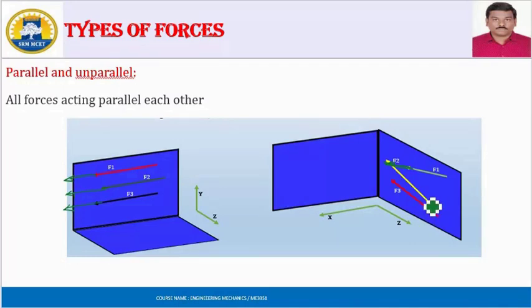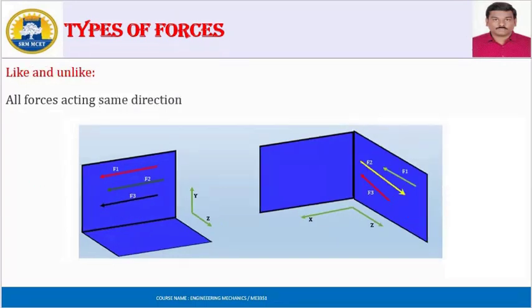Similarly, if I extend the F2 force, it intersects at this point. If the lines intersect, they are called unparalleled forces. Parallel forces means if we extend the forces, they do not meet or intersect anywhere.